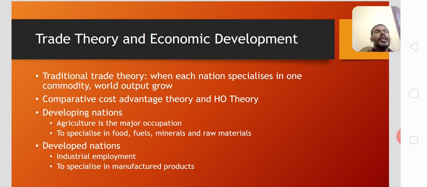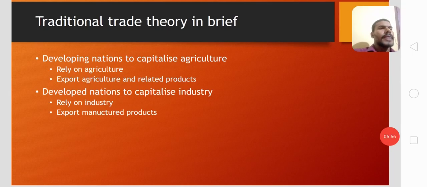They are focusing on the production and export of manufactured products that are highly capital intensive. So in brief, traditional trade theory states that developing nations are mostly labor abundant nations, and so they will focus on the production and export of agriculture and related activities.